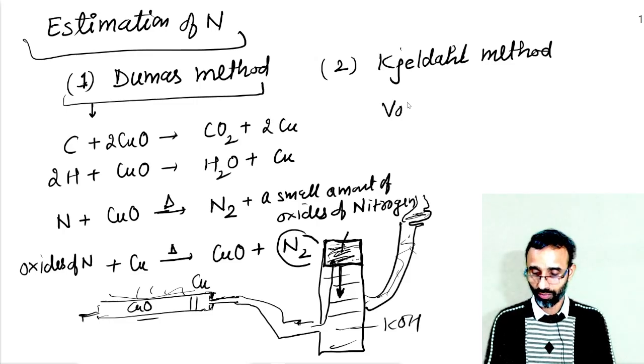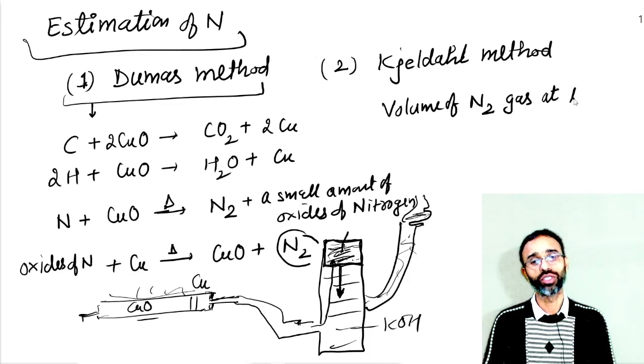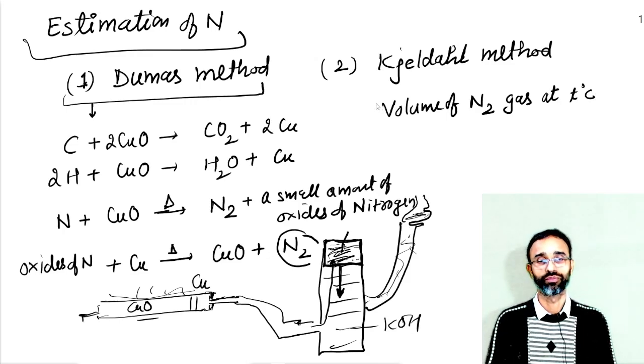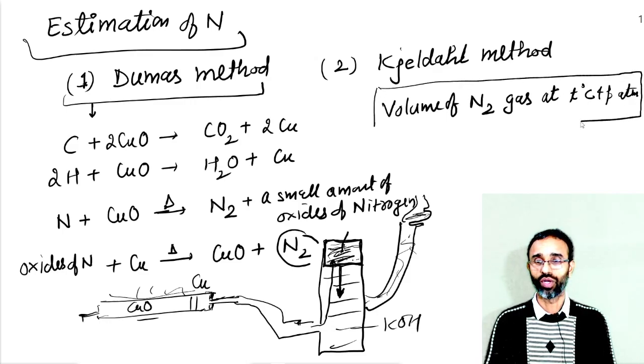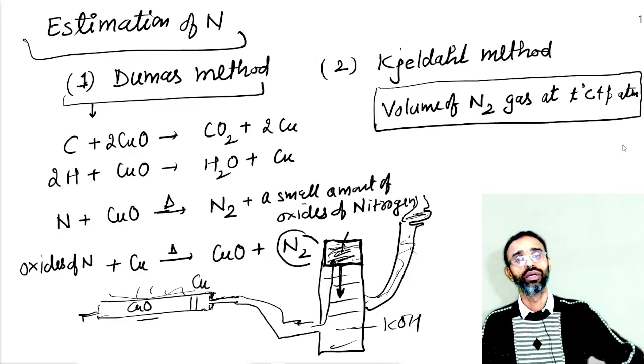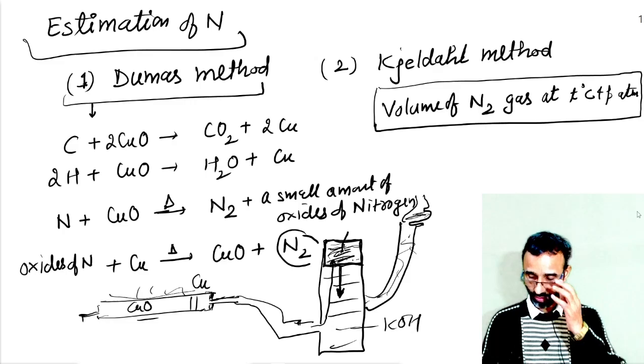Means ultimately we will measure the volume of nitrogen gas at a particular temperature and a particular pressure. So we will get the volume of nitrogen gas at a particular temperature and pressure, right?